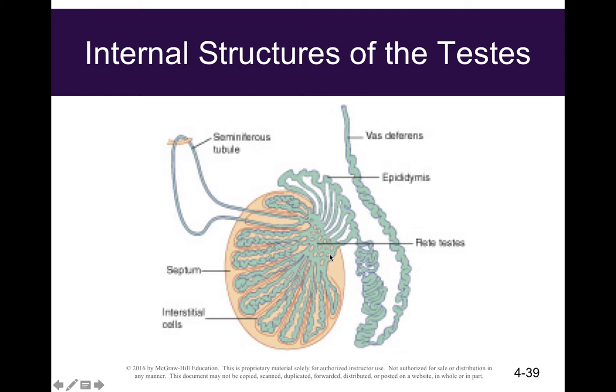And then the sperm that have been manufactured and produced, right, then go in to be stored in the epididymis. And during ejaculation, they move from the epididymis to the vas deferens, right? And so you'll see that here. This is a great image showing the internal structure of the testes.